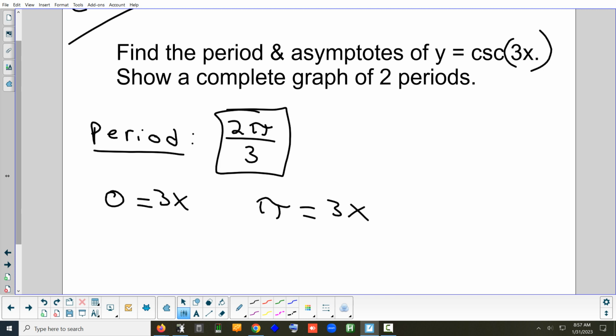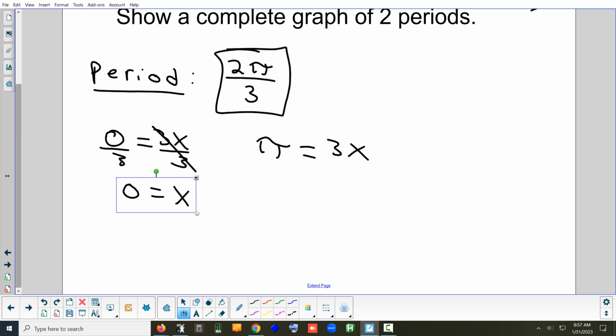Now, when you put a 3 here, this is a horizontal stretch or compression. Whenever you have a 0 and you stretch it or compress it, 0 always stays a 0. When you divide each side by 3 to solve this, nothing happens to that first asymptote. Okay, so that's our first one.